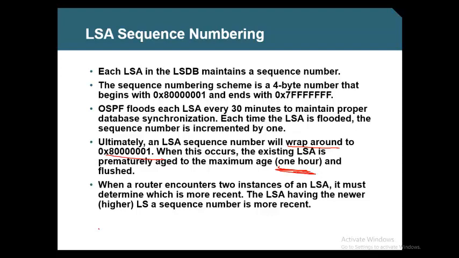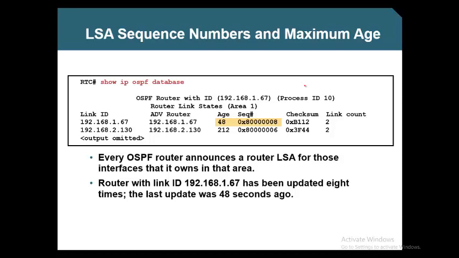Next. In order to make sure everyone is fully synchronized, every 30 minutes the complete DBD will be shared to make sure that everyone is in sync. Here in this example, what you see is that this particular advertisement, advertised by this router, came just 48 seconds ago.